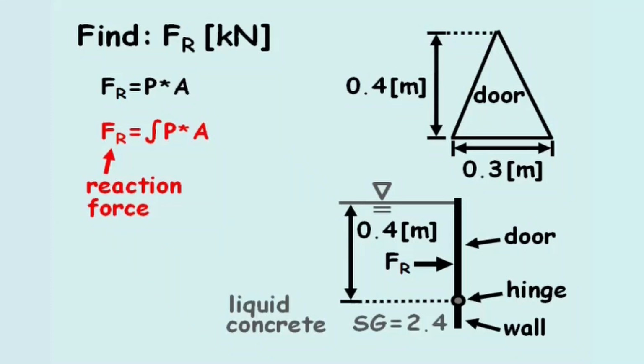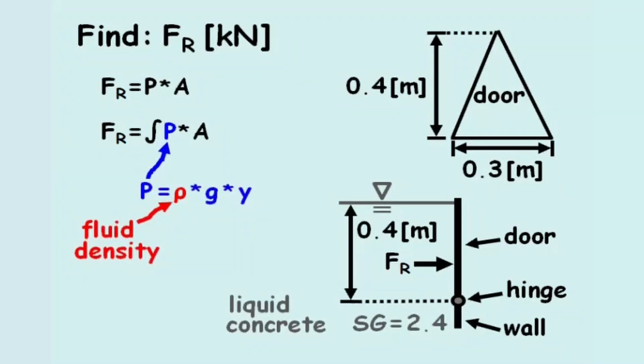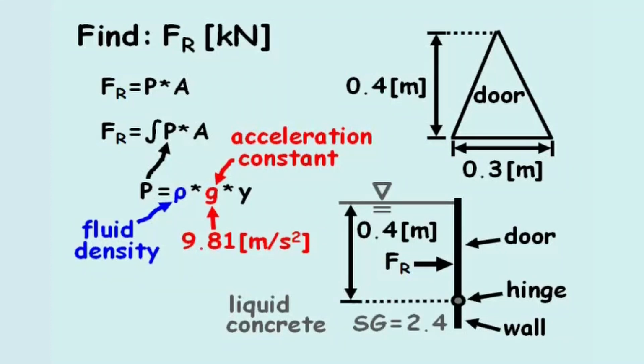In this equation, P equals rho times g times y, where rho represents the density of the liquid, g represents the gravitational acceleration constant, 9.81 meters per second squared, and y represents the depth, defined as the distance from the surface of the liquid concrete measured downward to the point of interest.